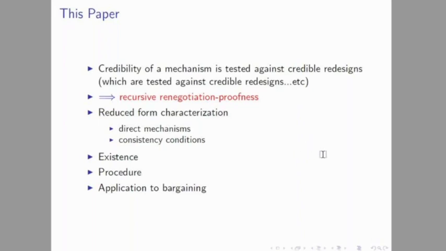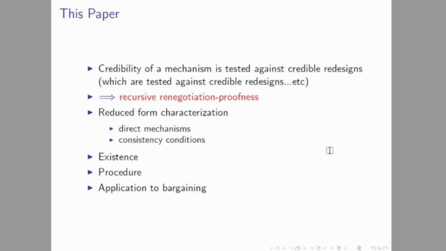So the credibility of a mechanism is tested against credible redesigns, which are tested against credible redesigns, which are tested against credible redesigns, and so forth. And that's where the title of the talk comes from: recursive renegotiation proofness. We want to give body to this idea of recursive renegotiation proofness as a criterion.